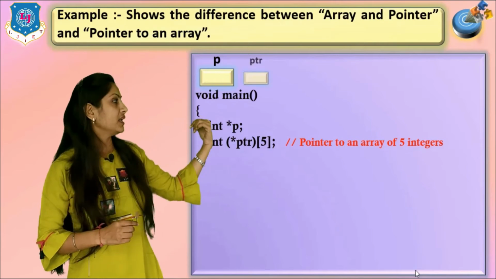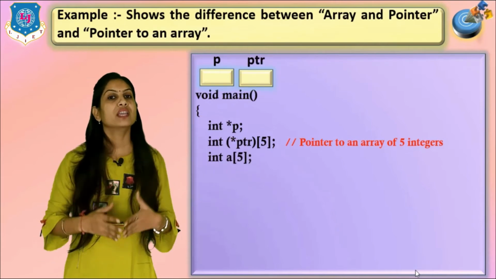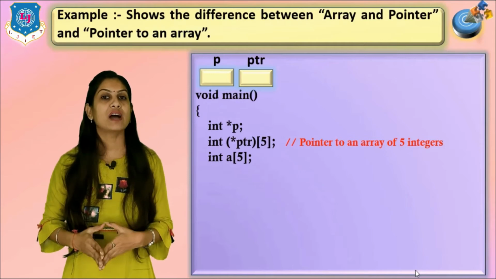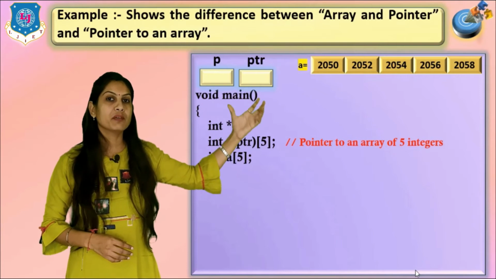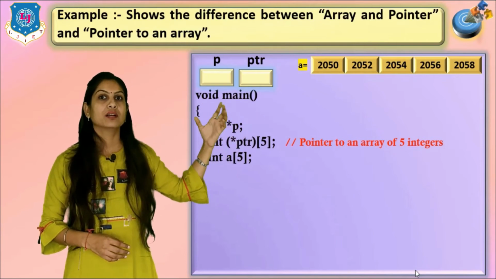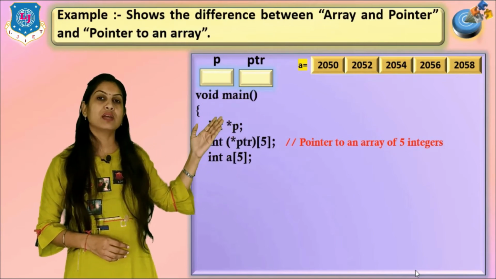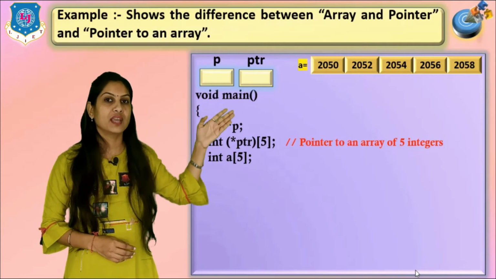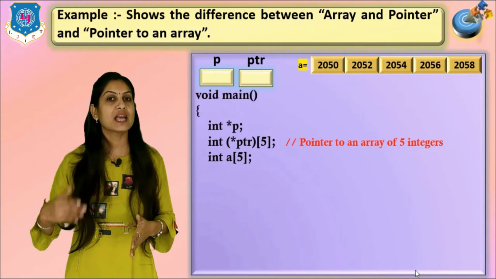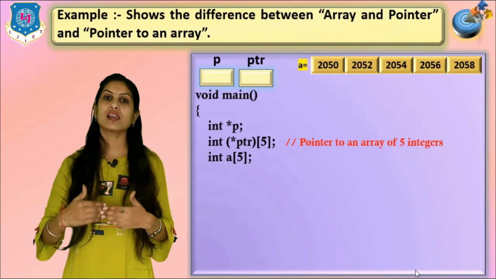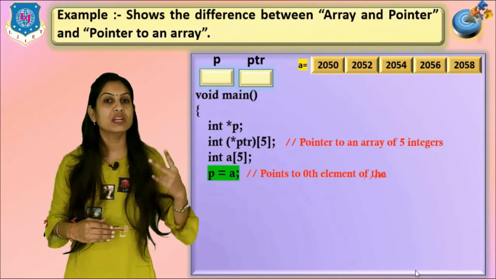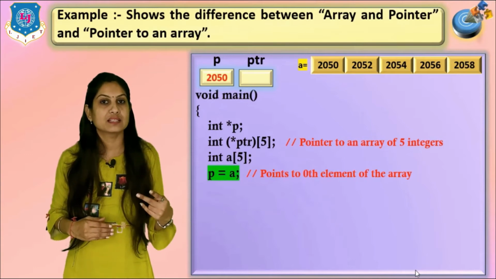Now int a[5] means we have one integer variable having 5 values. So here a has some different locations like 2050 for first element, 2052 for second, and likewise. Each and every element of array has some address.